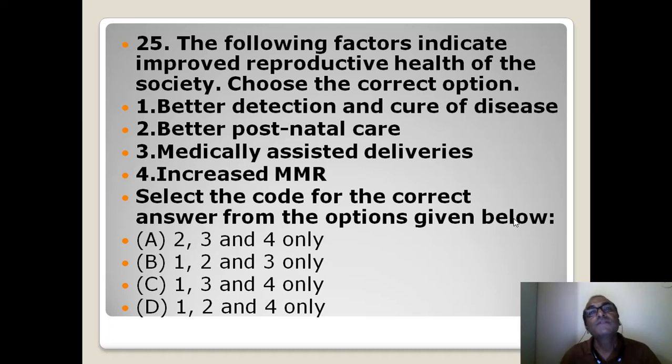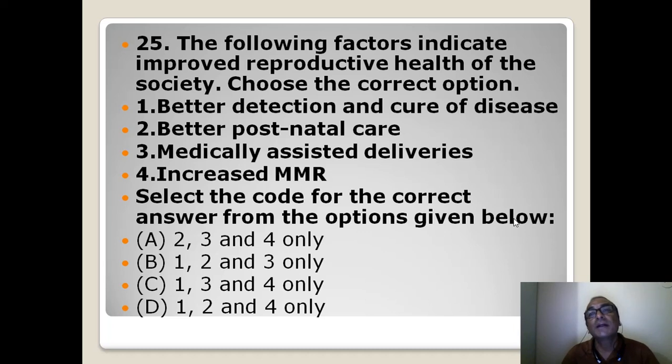Question number 25. The following factors indicate improved reproductive health of the society. Choose the correct option. 1.